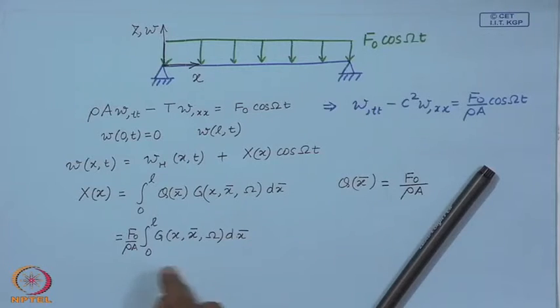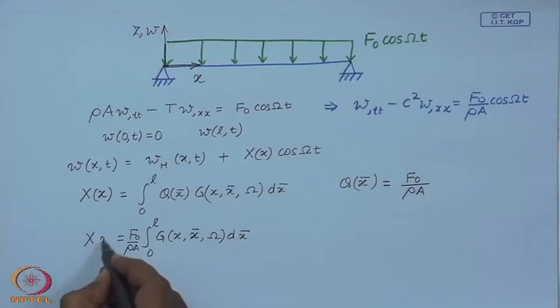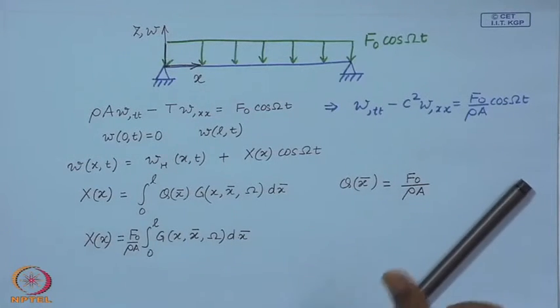Now, we are looking at this string from 0 to L. We want to find out the amplitude function capital X at an arbitrary location x.